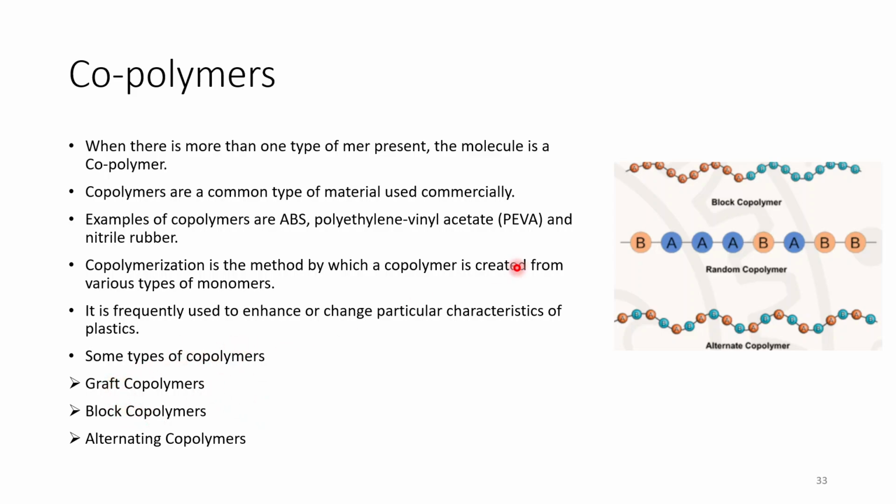Okay, in case of block, you'll be having these type of blocks of one copolymer and another and the next here attached like this. In case of alternate copolymer, you'll be having AB, AB, AB type of sequence. Random copolymer, there won't be any arrangement. It will be random.